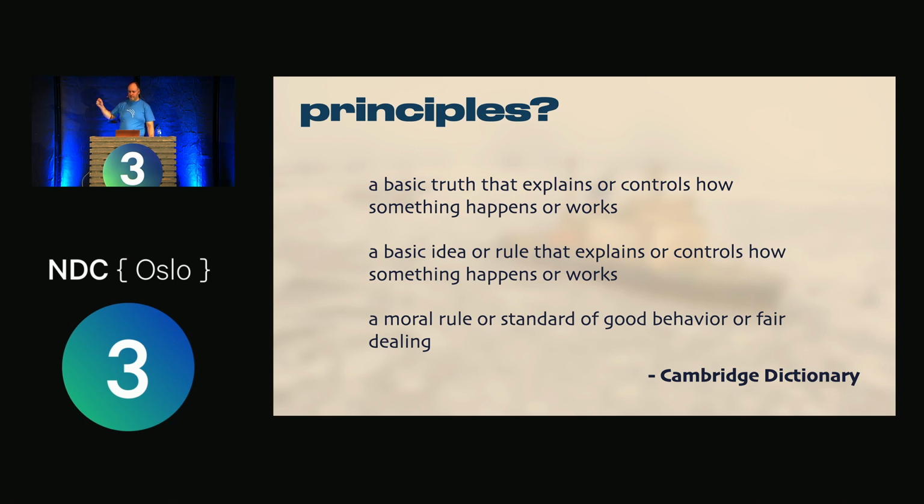There's a reason I've chosen Cambridge I'll come to in a minute, but it says it's a basic truth that explains or controls how something happens or works, or a basic idea or rule that explains or controls, again, how something happens or works, or a moral rule or standard of good behaviour for fair dealing. And Kevin says, well, these are not truths, they're not rules, and there's nothing moral about them, so why do we call them principles? And you can sort of see where he's going.